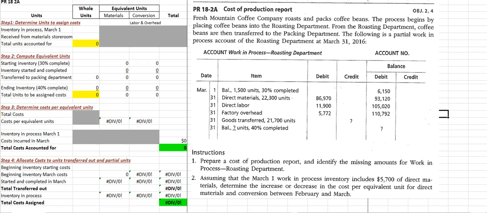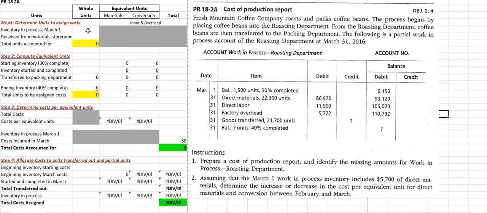One of the first things that we have to do is take the whole units and convert them into equivalent units. Why is it that we have to do that? Well, we want to allocate our costs based on equivalent units. So, for example, if I had 200 units that were transferred in from the prior month that were 50% complete, what would that be in equivalent units as far as units that were started and completed in the current month?